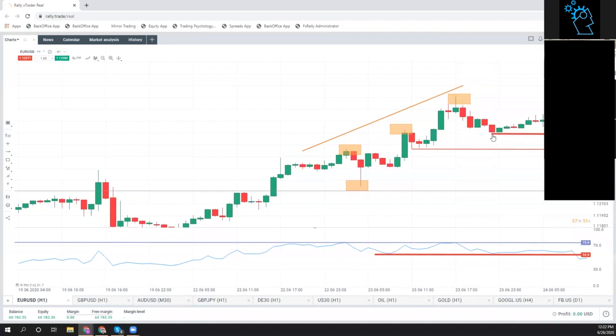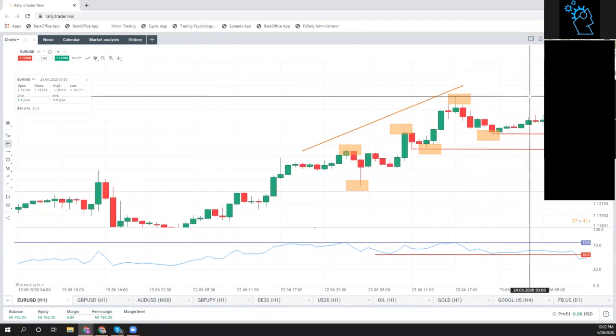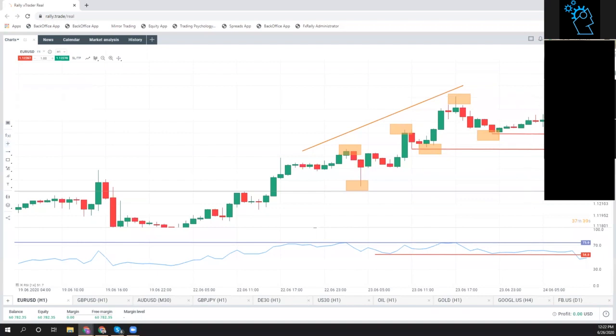So we have a higher low here, a higher low here, and a higher low here. The price doesn't reach 113.48 in order to create another higher high, and breaks below 113.00.